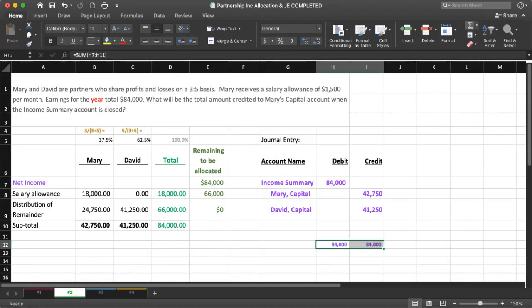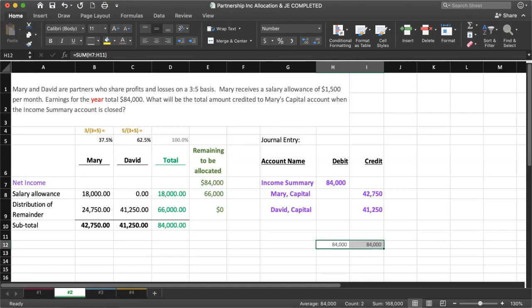So I'm going to use this summation here, and it shows. I got a lighter color because we don't show totals in the journal entries, but I just want to make sure that the debits equal the credits, and they do. All right, so that's just for checking purposes.